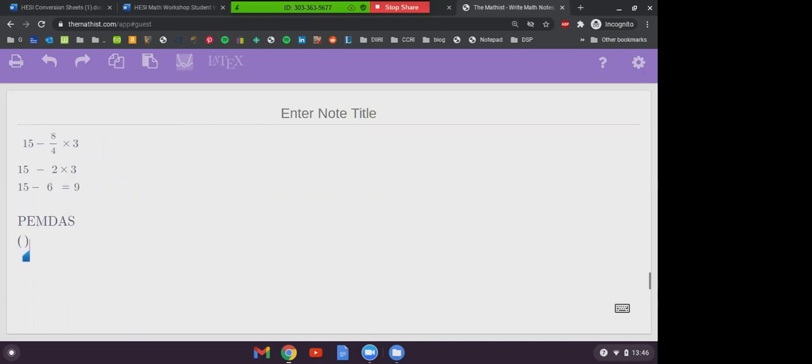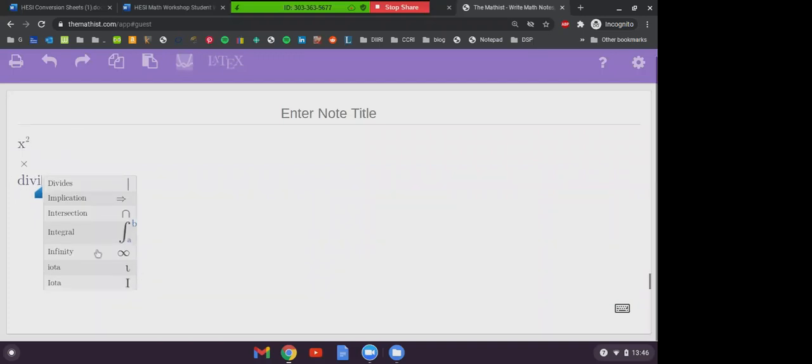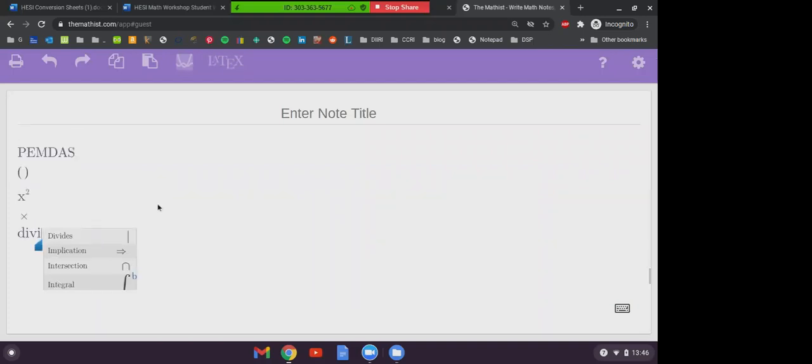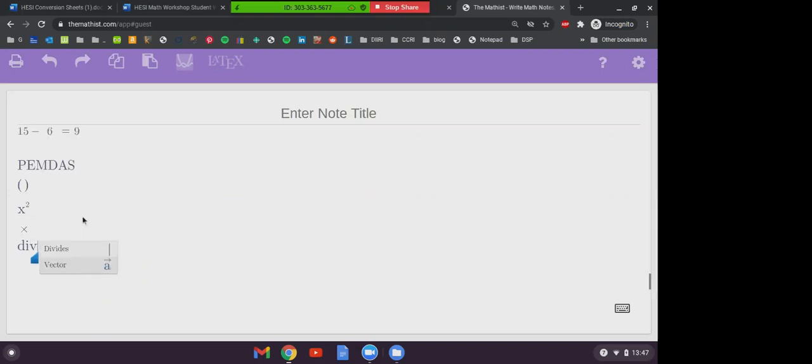It's parentheses, exponents, multiplication, division, and then addition and subtraction.